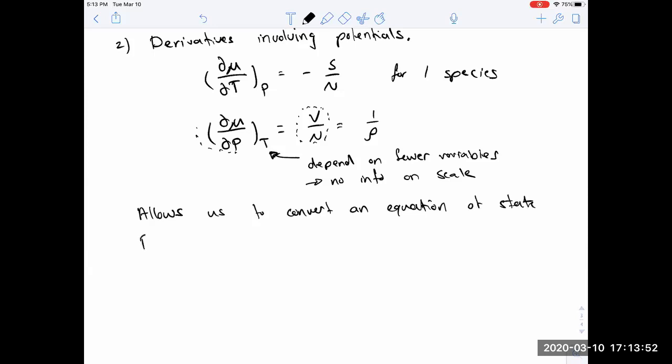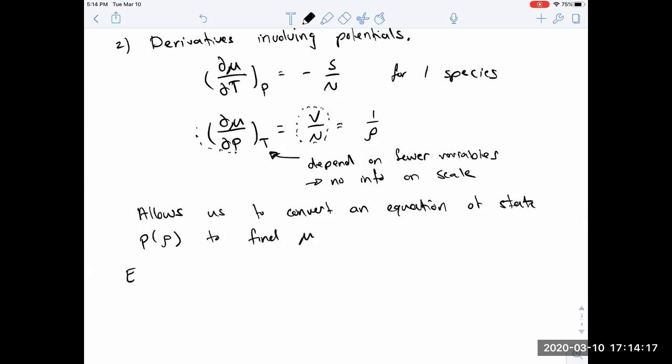So an equation of state would be, for example, a relationship between the pressure and the density. And we can now convert that, because we know how the chemical potential changes with pressure is just the density. We can invert this relationship to find the dependence of the chemical potential on the density.